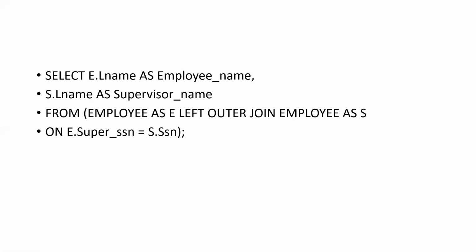Suppose we want to retrieve the name of the employees as well as their immediate supervisor's name. This query can be written using select employee's first name, last name, supervisor's name from employee as E and employee as S, where E dot super SSN equal to S dot SSN.